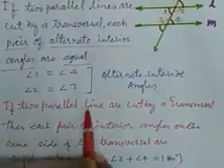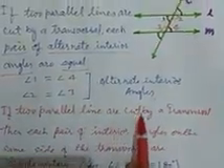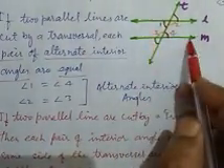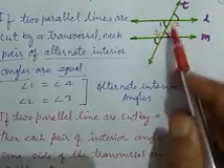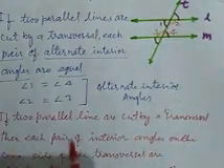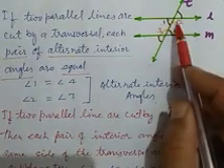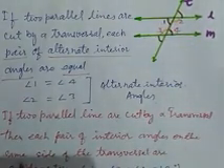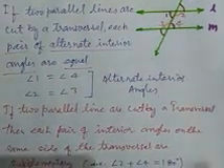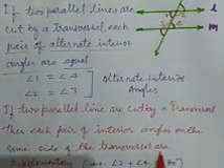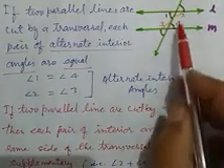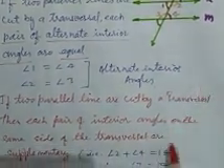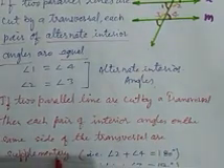If two parallel lines are cut by a transversal, here these are two parallel lines and this is the transversal, we cut them. Then each pair of interior angles on the same side of the transversal are supplementary.